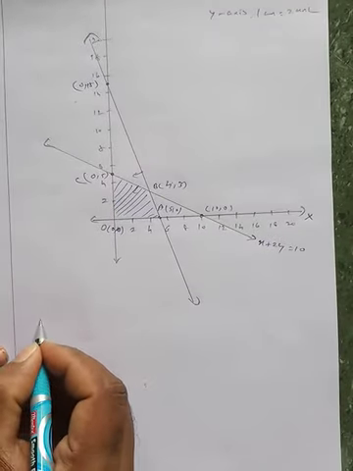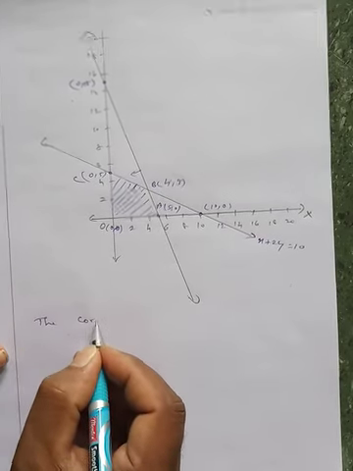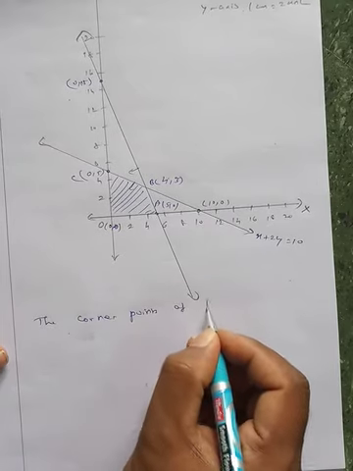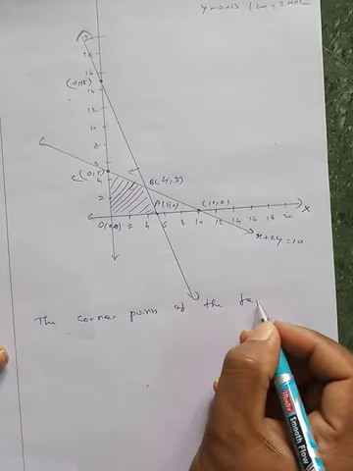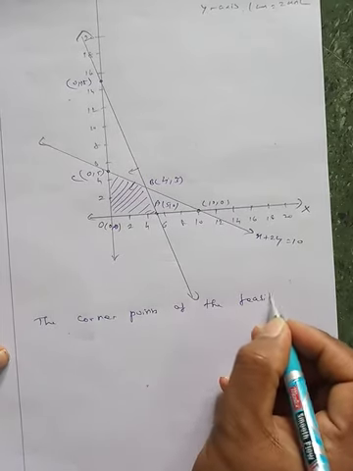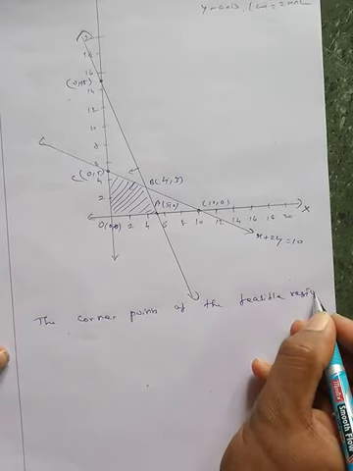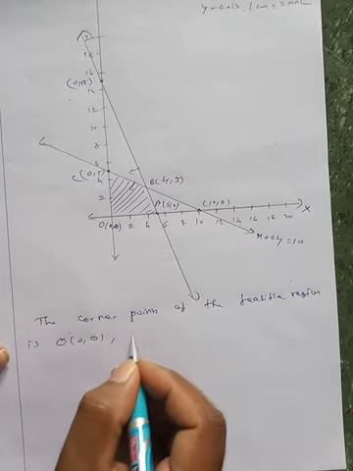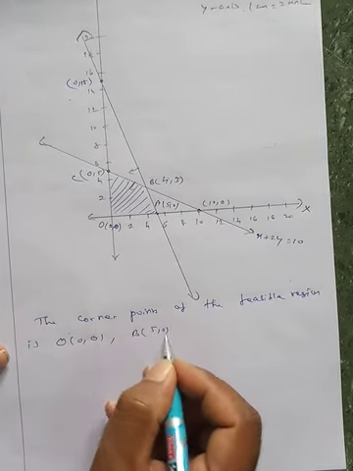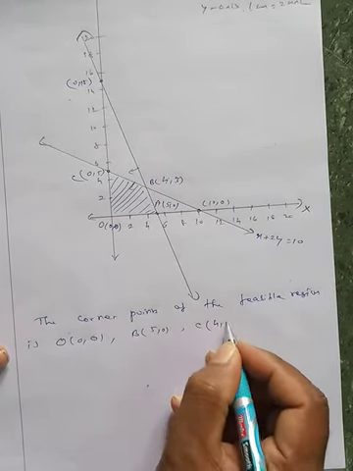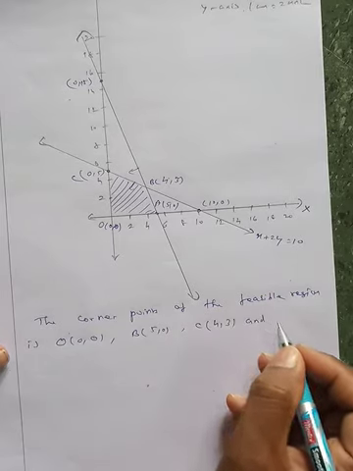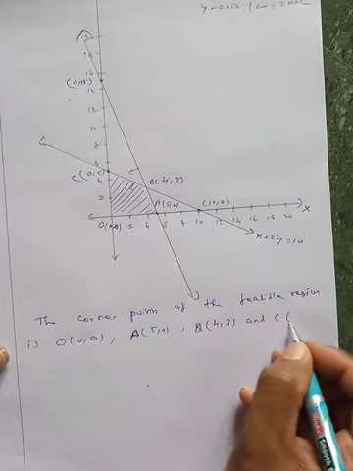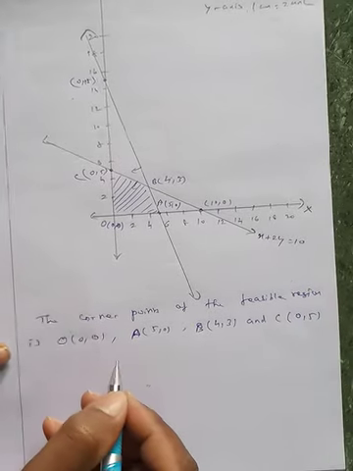Therefore the corner points of the feasible region are O (0, 0), A (5, 0), B (4, 3) and C (0, 5).